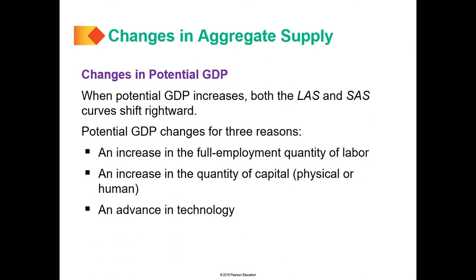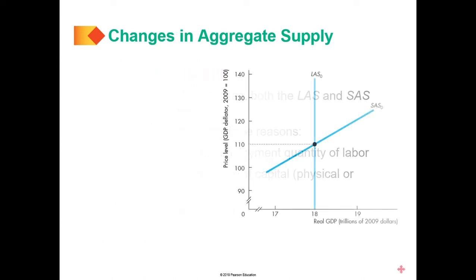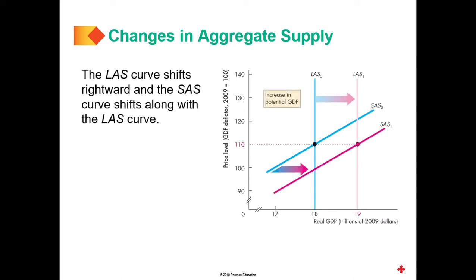And then technology improvements will also shift both the LAS and the SAS curve to the right. So if we have a decrease in any of these, both of the curves would shift to the left. So if we have, say, an increase in physical capital, we're going to see both curves shift to the right. And remember, LAS is just going to show what happens to potential GDP.